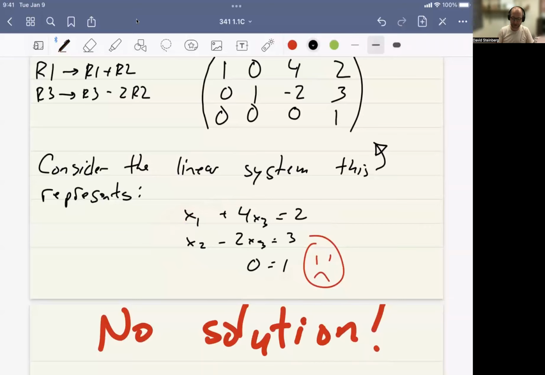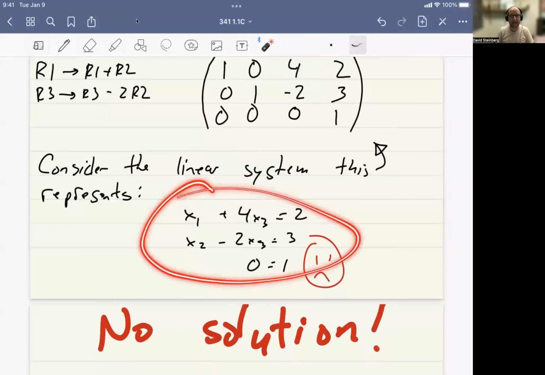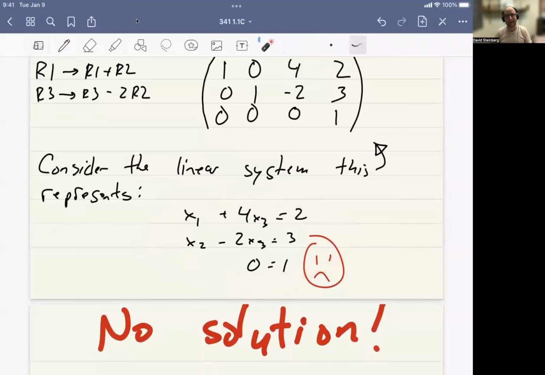So since there's no solution to this absolutely face-melting system, there can't have been a solution to the original one either.